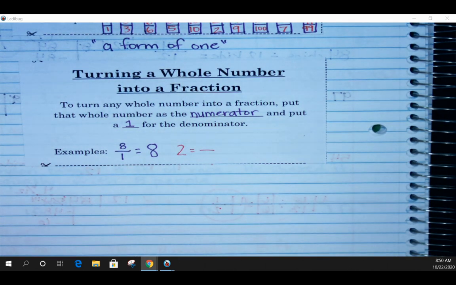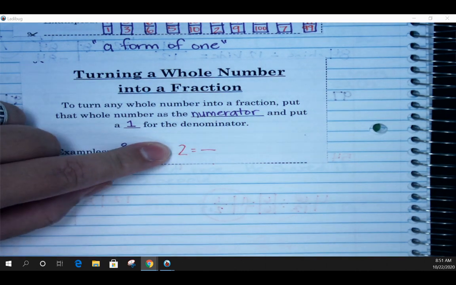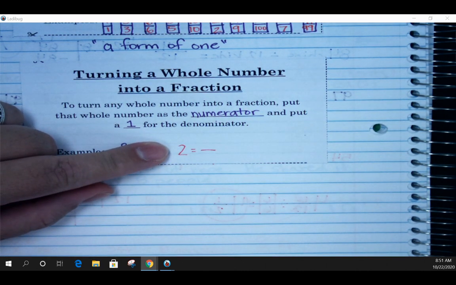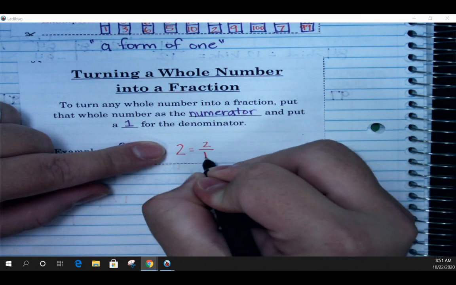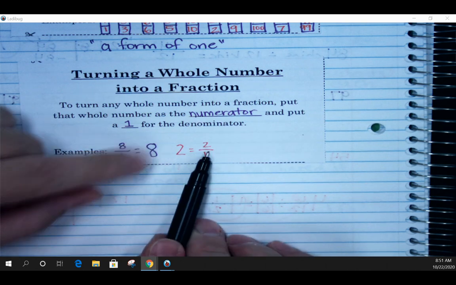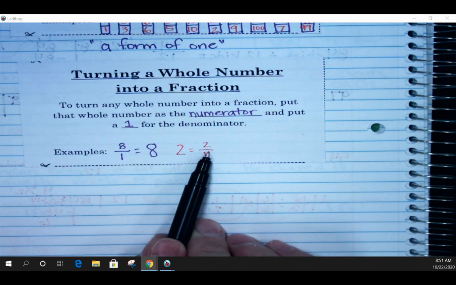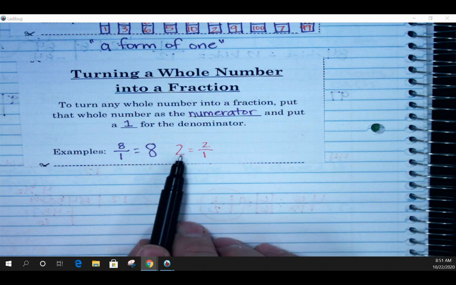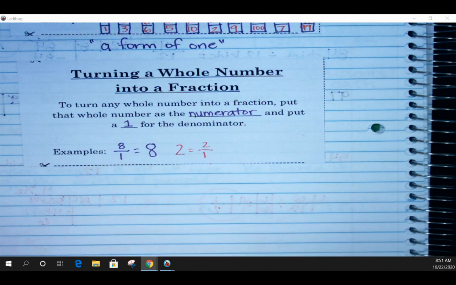How do I turn 2 into a fraction, Ashlyn? Homer, 2 over 1. Why? Because that line means what? Divide. 2 divided by 1 equals 2.